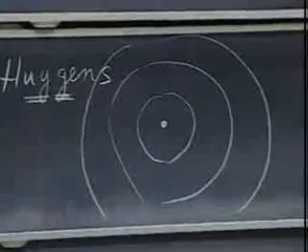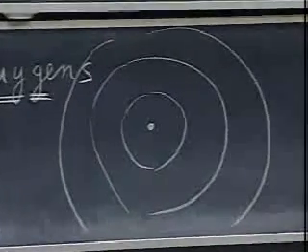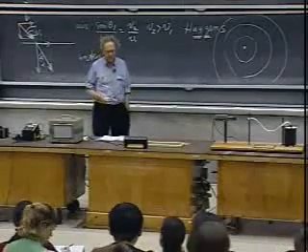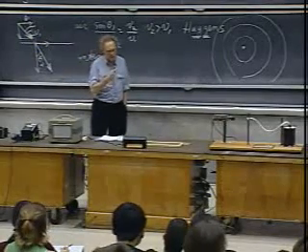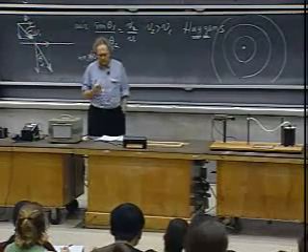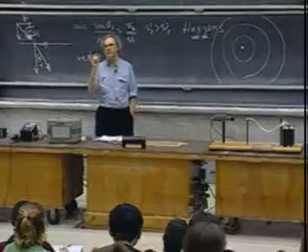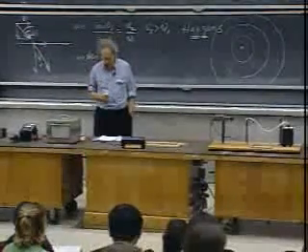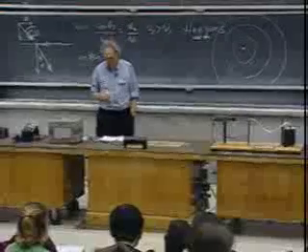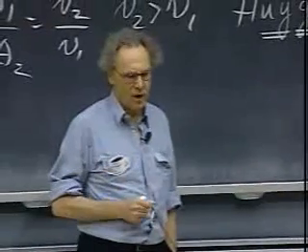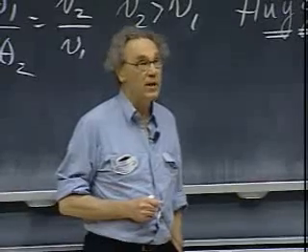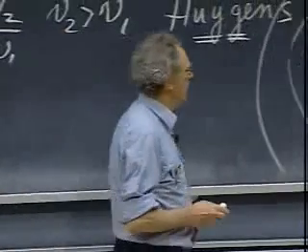And he now postulated that each point of the wave front individually oscillates at the same frequency as the source and produces spherical waves. We call them secondary waves, often also called wavelets. And that the envelope of the wave front of these secondary waves is now the new wave front.